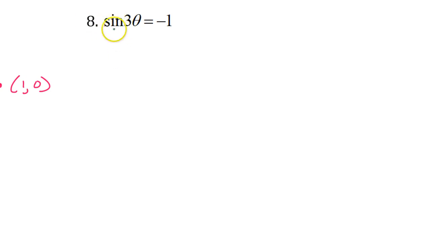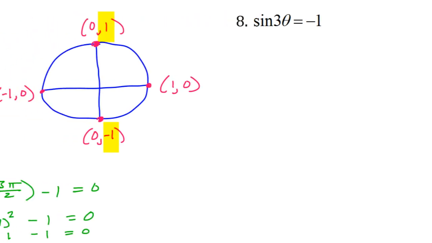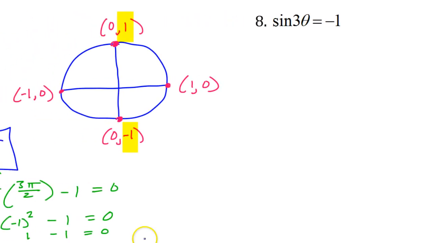Well, this one, the sine, the trig function is already by itself. You cannot divide by 3 to get rid of this 3. Instead, let's just look at the solutions for 3 theta. In other words, look, the sine of what is equal to negative 1? Well, we can just use the picture from before. Sine is a y value.